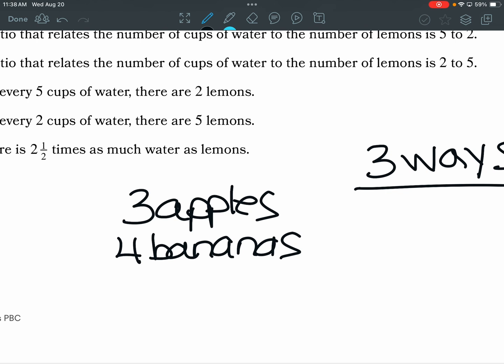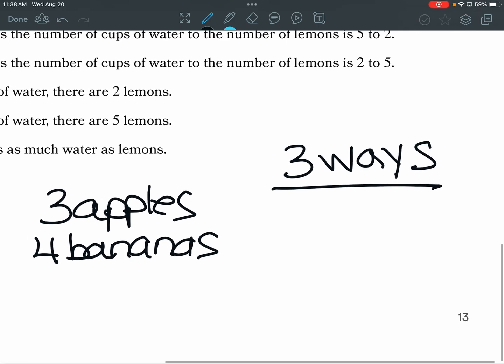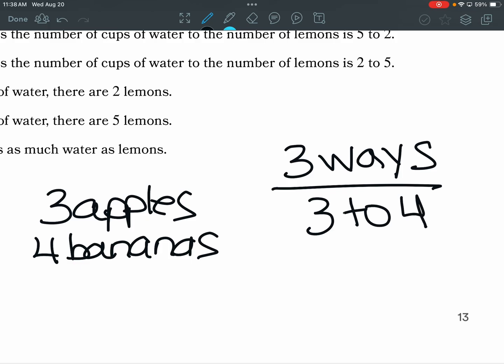This is something you know what it is. You all know what an apple and a banana is, I hope. So there are 3 ways to write the ratio of apples to bananas. We are writing apples to bananas. Are you ready? 3 to 4. That is apples to bananas.